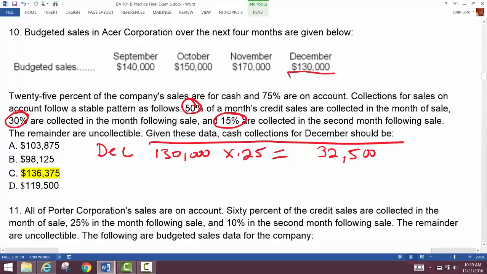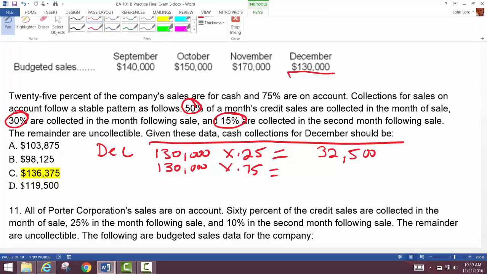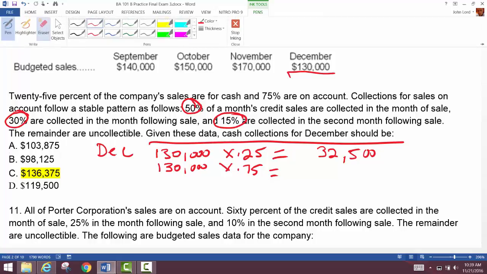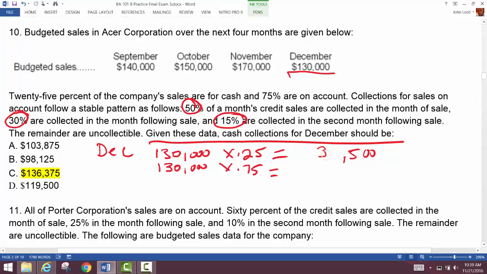Okay, good. Then they tell us that of the December sales, which are 130,000, 75% of that is on credit, isn't it? Okay, so let me go ahead and move this 32,500 over.